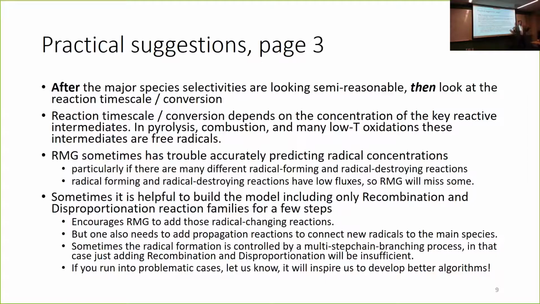Now, after you finally have selectivities that look semi-reasonable, then look at the conversion and the reaction time scale. At this point, you'll be disappointed because RMG never gets the time scales for the conversion as good as you want.